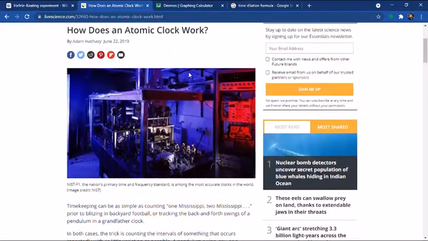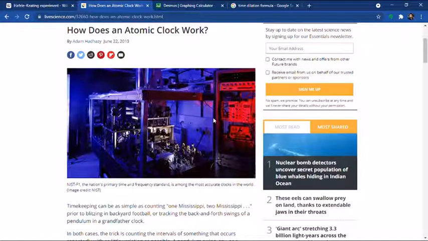According to this website, they work by first of all having a device that can produce a frequency of light, and then measuring that frequency of light, and measuring the amount of cycles of that frequency of light.